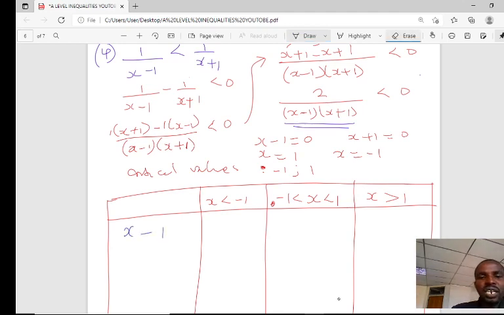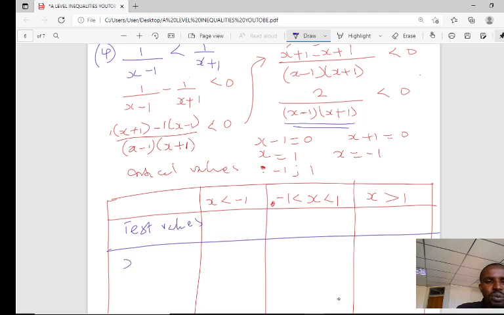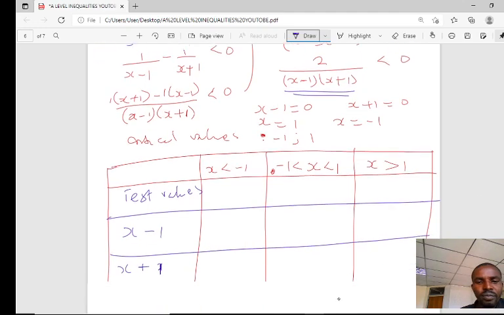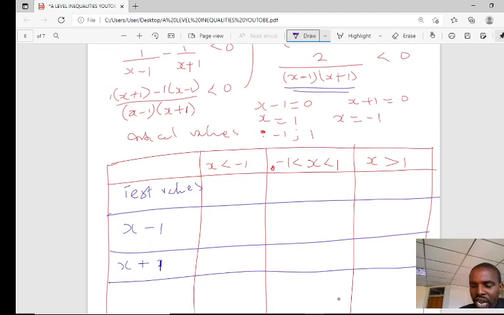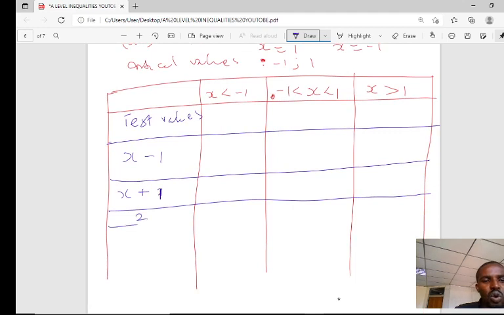But before that, let me put the test values first. It will be better that way. Then you put here x minus 1 followed by x plus 1. Then you write your function here, 2 over x minus 1, x plus 1, because I want to determine the sign that it will take.